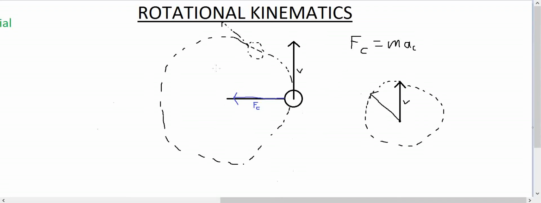And when the ball is here, for example, the velocity vector is pointing in this direction. As the ball rotates, notice the velocity vector is also changing its position.